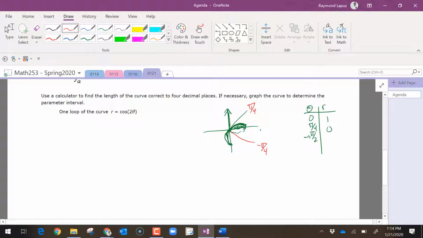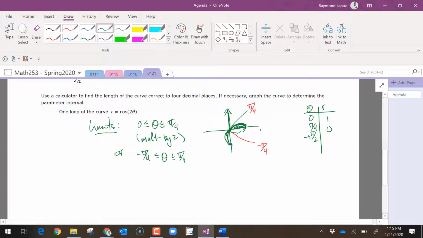Our options are to go from 0 to pi over 4, then multiply by 2, or go from minus pi over 4 to pi over 4, and then just take it like that.